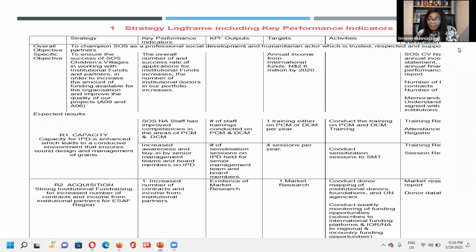So under your activities, there's basically what needs to be done: training needs to be done, sensitization needs to be done, and donor mapping needs to be done. Weekly monitoring of funding opportunities needs to be done. And then means of verification: how are we going to verify? Now, when we do monitoring and evaluation, we look at all these. So this is just an idea, but what we normally do is we do strategic planning.